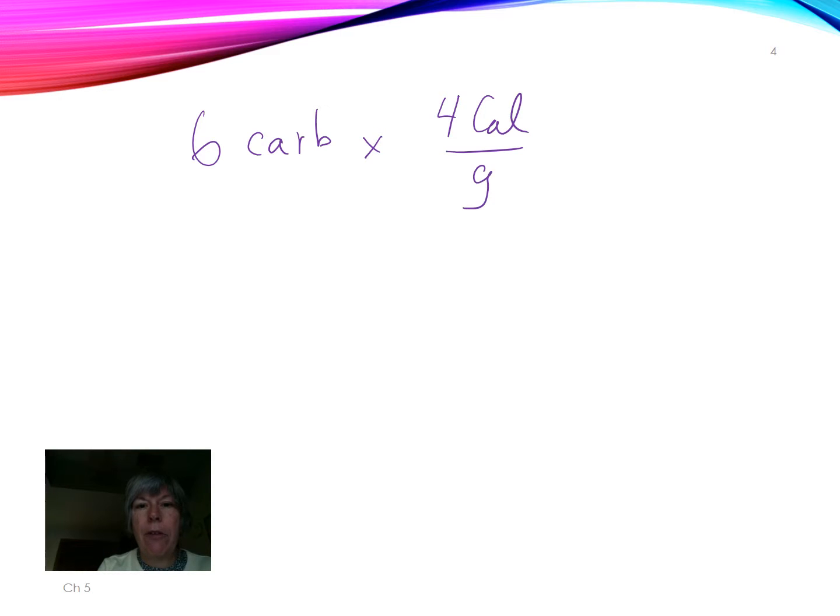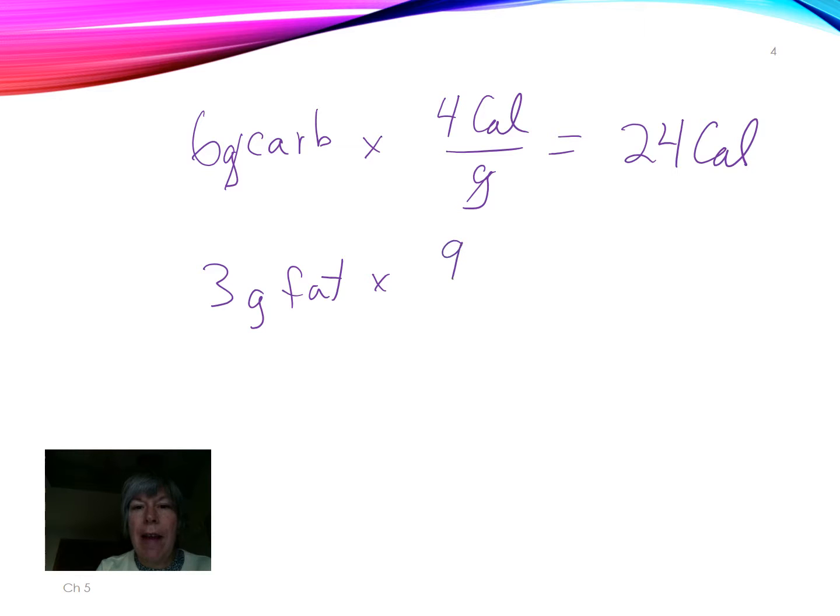Okay, hopefully you did something like this. You took your 6 grams of carbohydrates times the 4 calories per gram for each gram of carbohydrates, and that gives you 24 calories from the carbs. You had 3 grams of fat. Each gram of fat contains 9 calories.